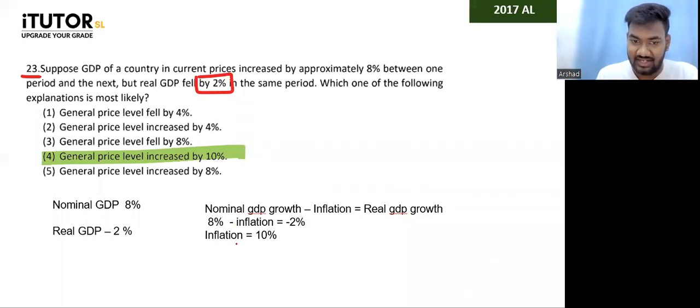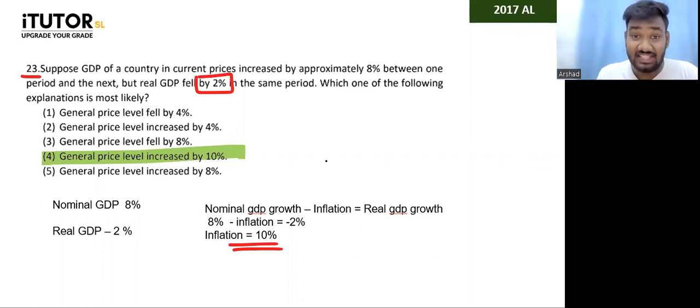So inflation rate should have been 10%. Remember, guys, this is why you need to pay attention. When I explained the previous question, I told you, if you are talking about percentages, you don't divide. Nominal GDP divided by real GDP into 100, that is not percentage. That is not nominal GDP growth divided by real GDP growth. Stay in this world.